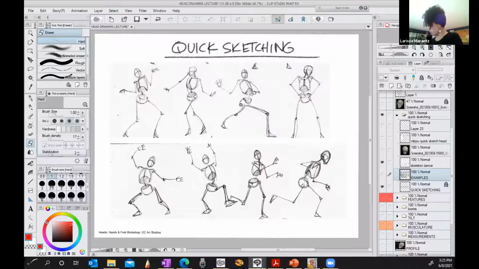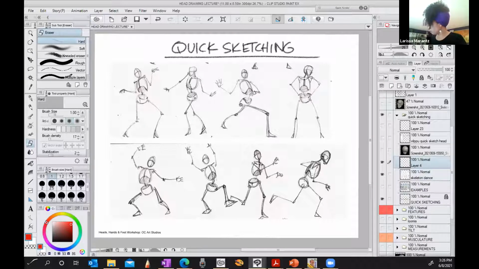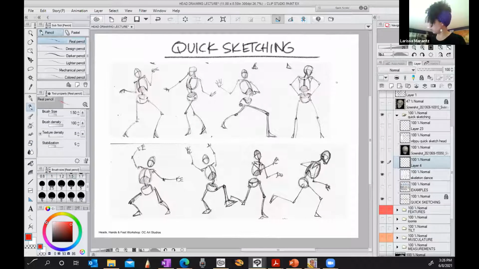But the reason why I have this slide up for this class is so that you can see how understanding that tilt of the cranium is so important in just drawing a human figure.